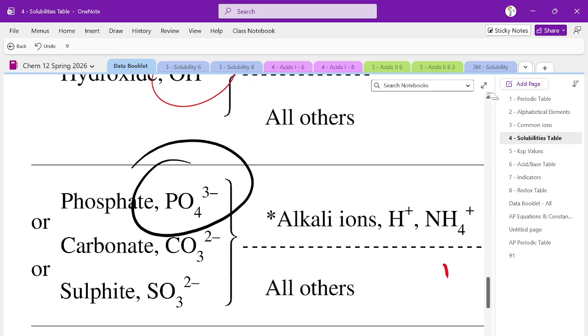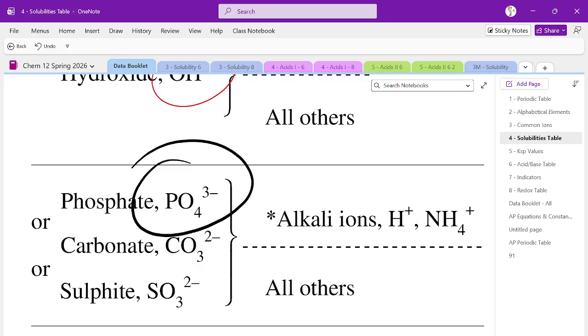Well, it's soluble with alkalis. It's soluble with hydrogen. Kind of ignore hydrogen for this because remember hydrogens? They're acids. They do their own little thing. Like if you have HPO4, that's not going to dissociate completely because it is a weak acid, right? So they behave differently.